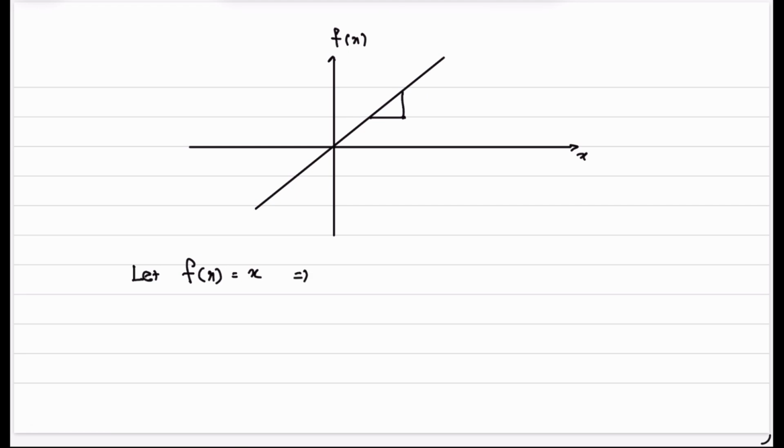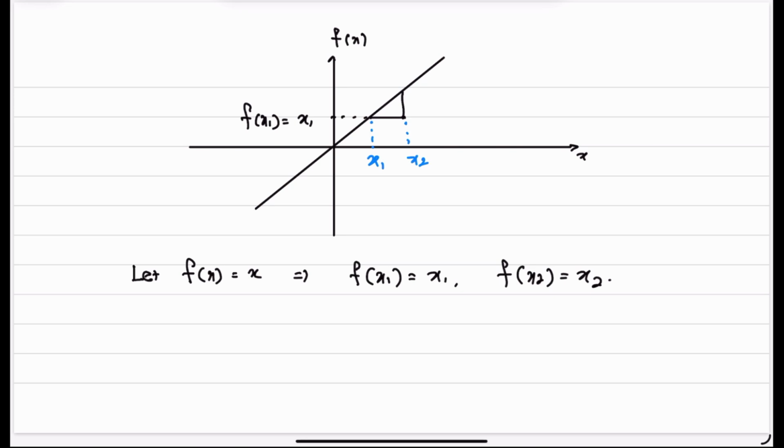That means function x1 is equal to x1, function x2 is equal to x2, because function x is equal to x. Here it is x1, here it is x2, and here function x1 is equal to x1, and here function x2 is equal to x2. What will be its slope?